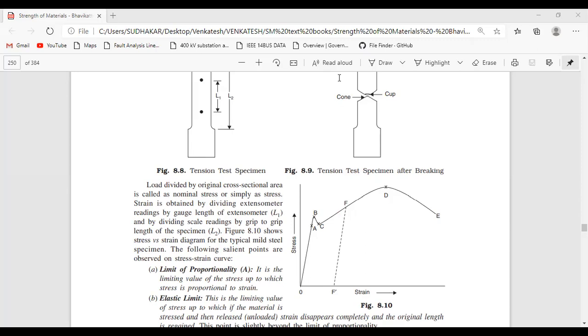As we know, up to this point A, you call it the elastic limit. After removal of load, the material will regain its original shape. So this is called elasticity.